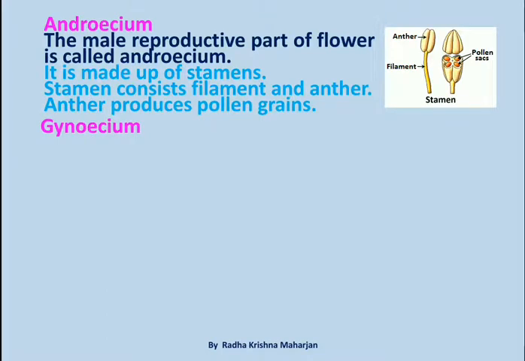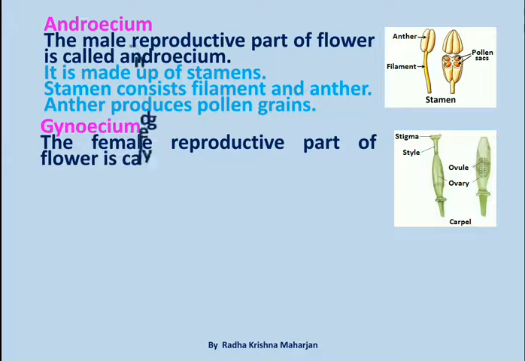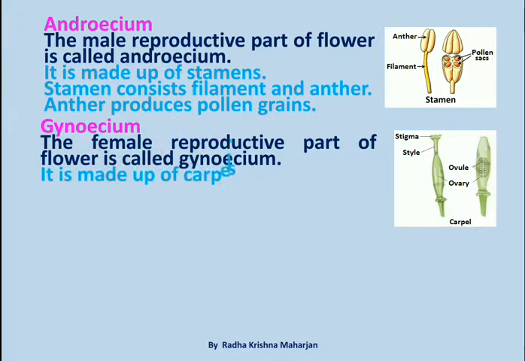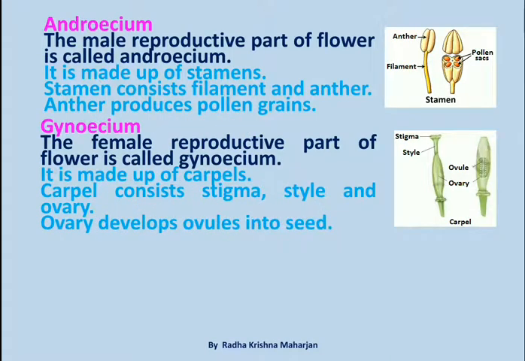Gynoecium. The female reproductive part of flower is called gynoecium. It is made up of carpels. Carpel consists of stigma, style, and ovary. Ovary develops ovules into seed.